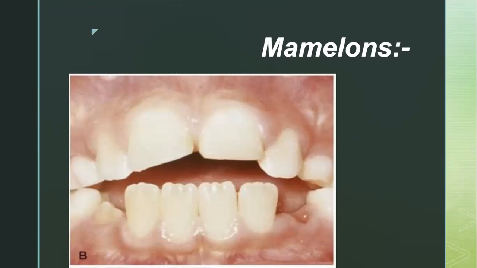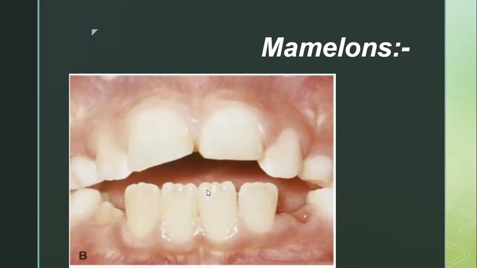When the permanent incisor erupts, it usually has these characteristic mamelons on its surface, which later on, due to abrasion, get smooth or straighter. They are a characteristic feature of incisor teeth.